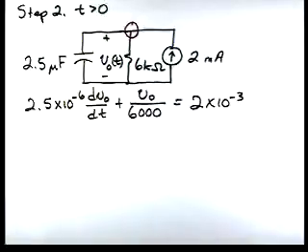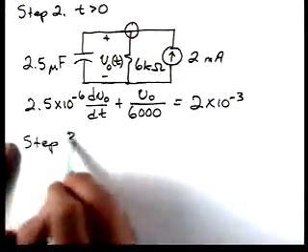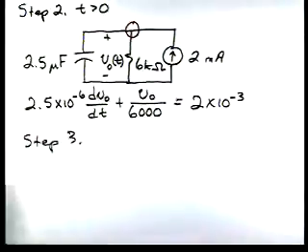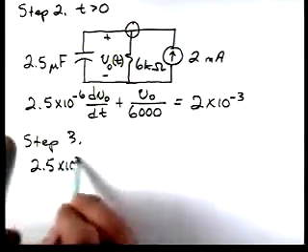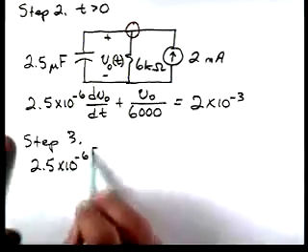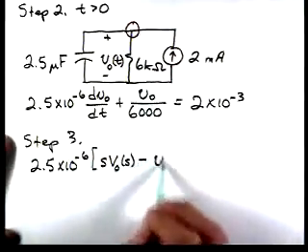Now step 3 says apply the Laplace transform to this equation, and when we do that, we'll have 2.5 times 10 to the minus 6 times s V0 of s minus V0 of 0.